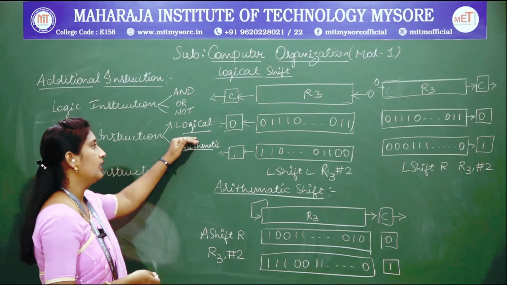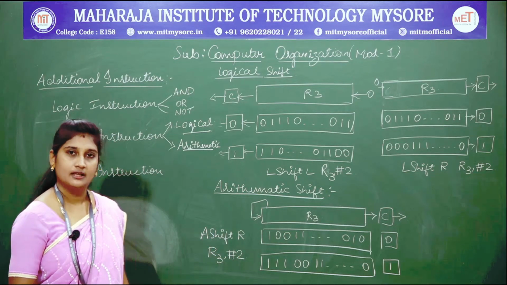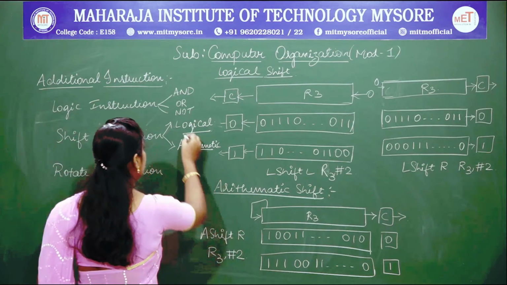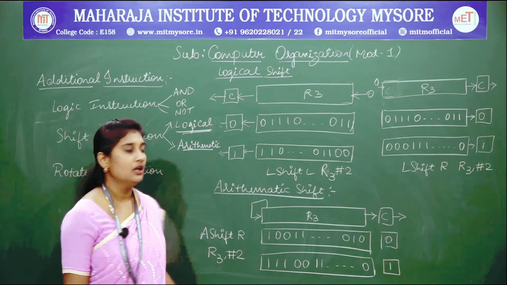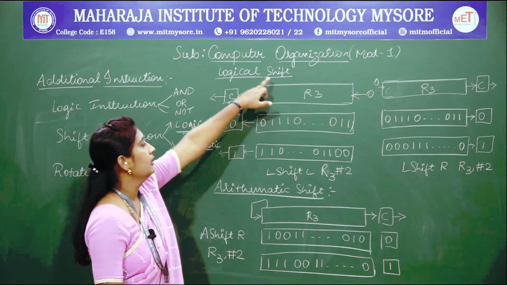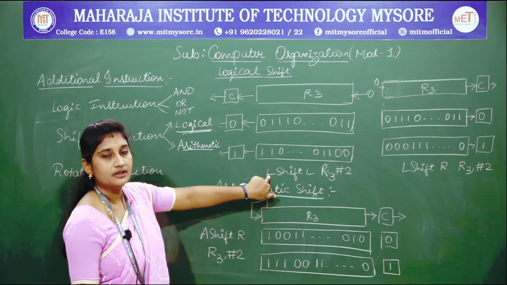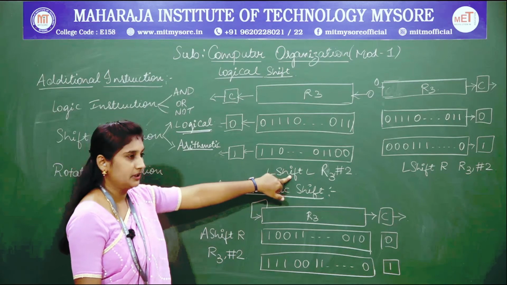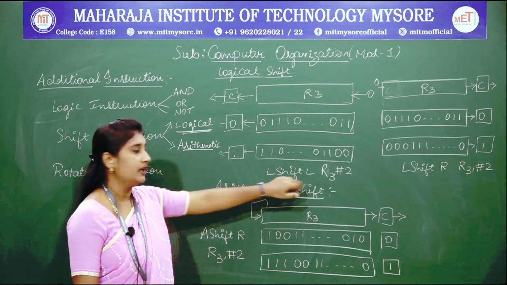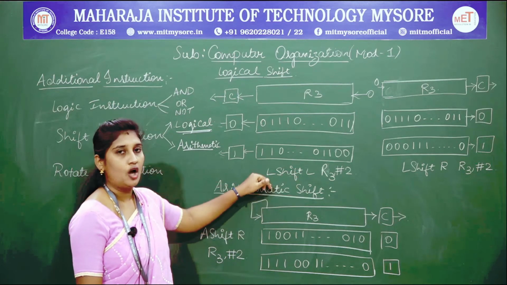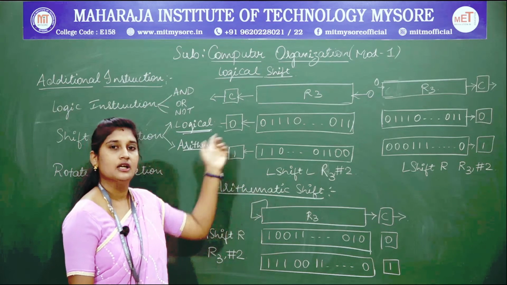So let's look at a simple example of how this shift operation operates. Coming to the first type of shift instruction, that is logical shift, I will represent it as LShift. LShiftL means logical shift left, so I need to shift the operand to the left side.